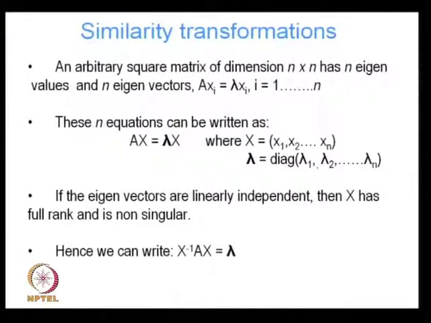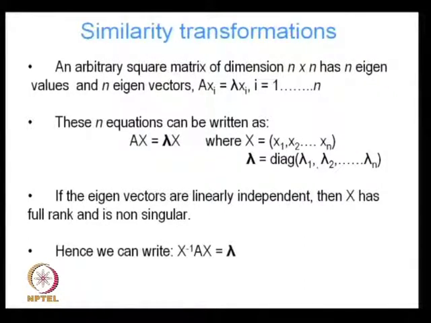Since X is invertible, we can write X inverse AX is equal to lambda. Basically, we pre-multiply AX is equal to X lambda with X inverse on both the left hand and the right hand side, and we get X inverse AX is equal to lambda.